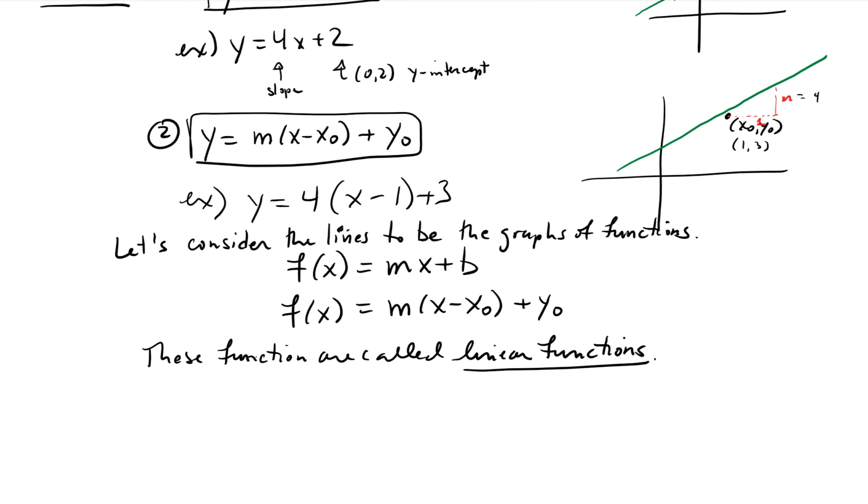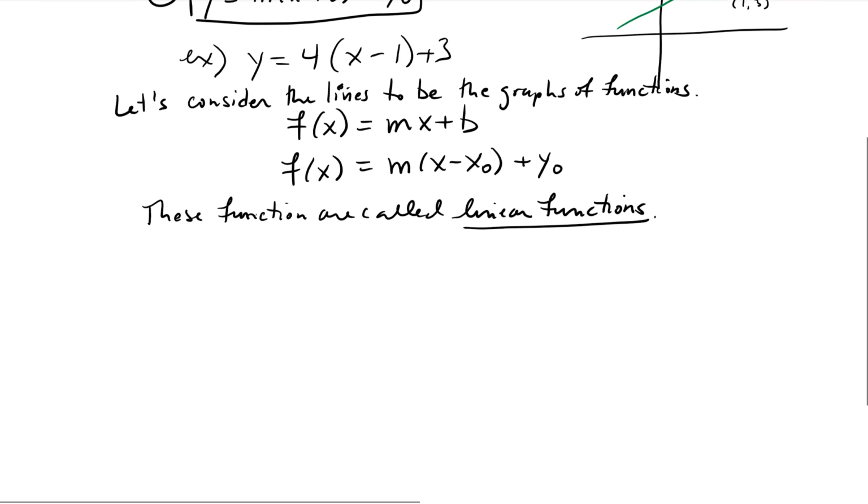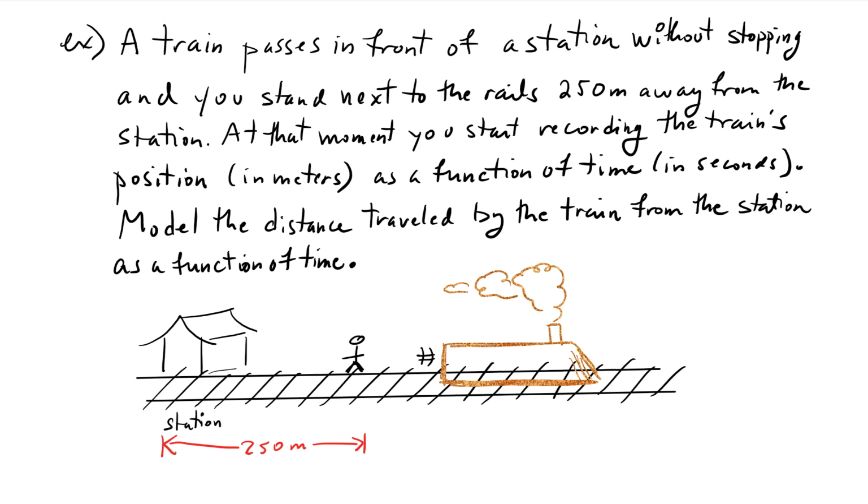So we're going to look at a first problem. In this problem, we've got a train that passes in front of a station without stopping. And you're standing 250 meters away from the station. Then you start recording the train's position as a function of time by measuring how far it is from the station.